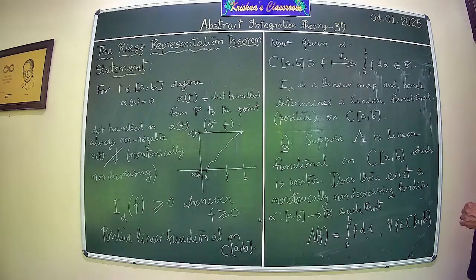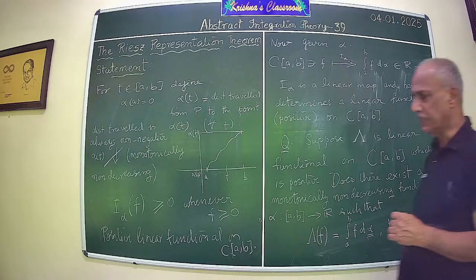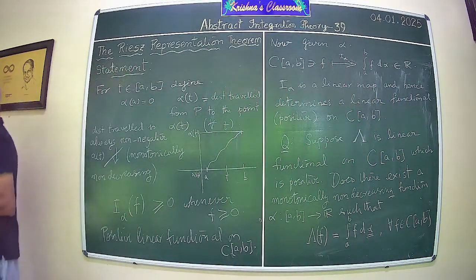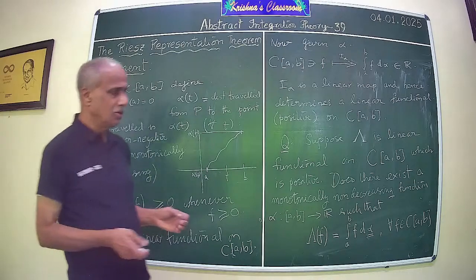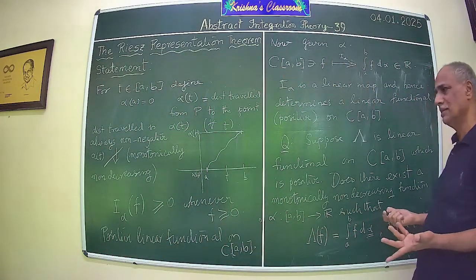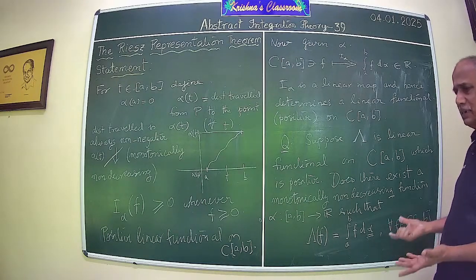Is it represented in the form of an integral through a new measure, or a newly defined concept of length of intervals for all subintervals? So this is the question that you are asking. So I hope the question is clear.